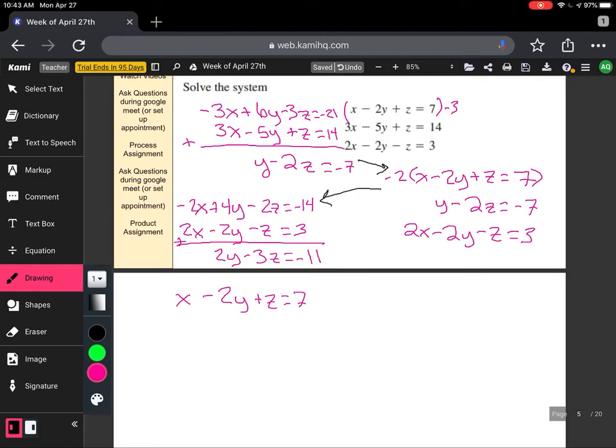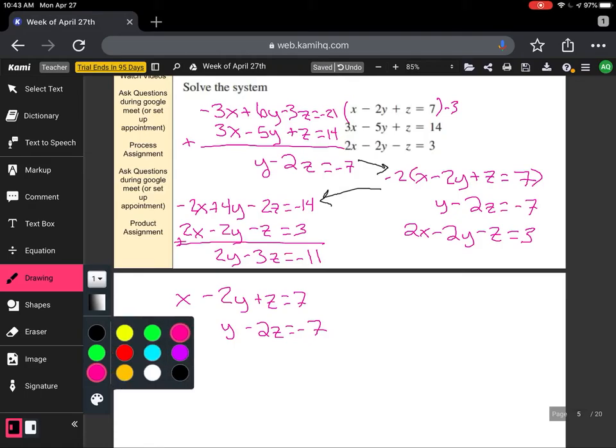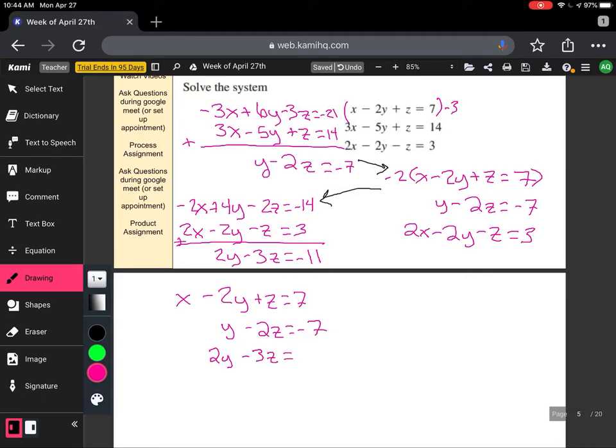So we have y minus 2z equals -7. And then I simplified equation 3 to have no x variables. 2y minus 3z equals -11. And what we've done is we've gotten rid of those x variables in the second two equations.